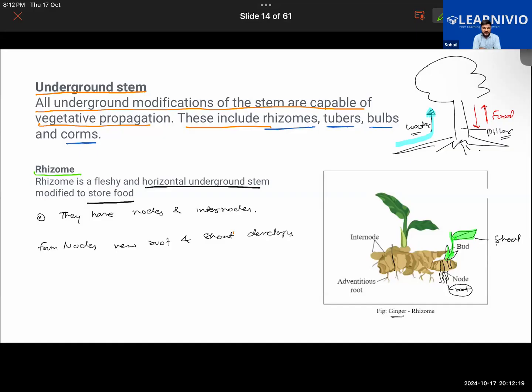Many of the students, including you, have attended those tests. When you are done with this chapter, there will be multiple choice questions, fill in the blanks, match the following, and then subjective questions. Okay, sir. That's the usual pattern of the test.